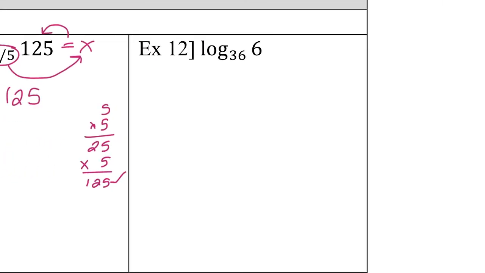Log base 36 of 6. Don't know what this is, so make it a little equation equal to something. So it's an x. So 36 to the x has to be equal to 6. So 36 to the what power is going to give me a 6? So this is exponents here. We're not dividing.